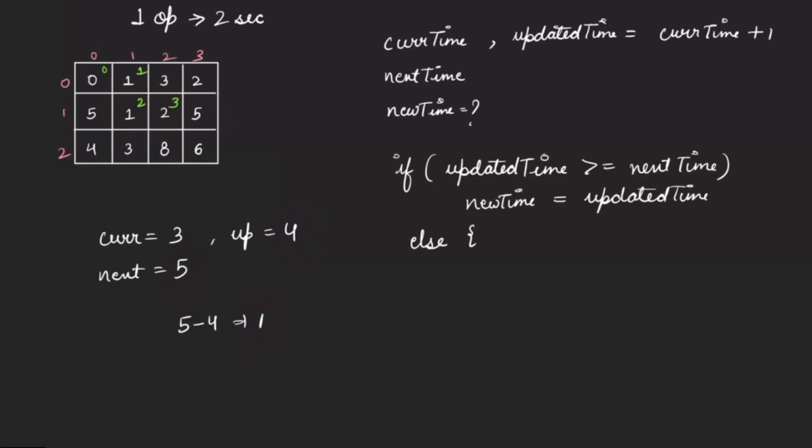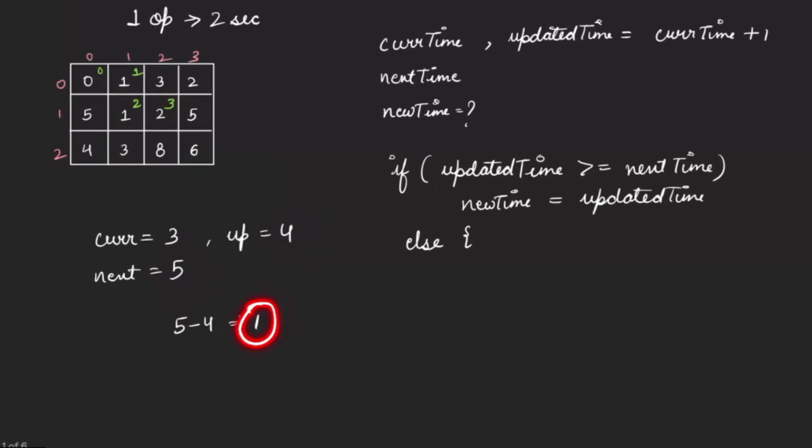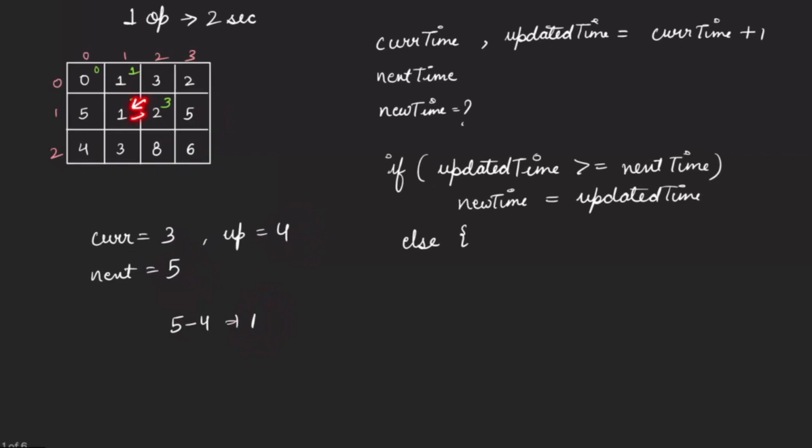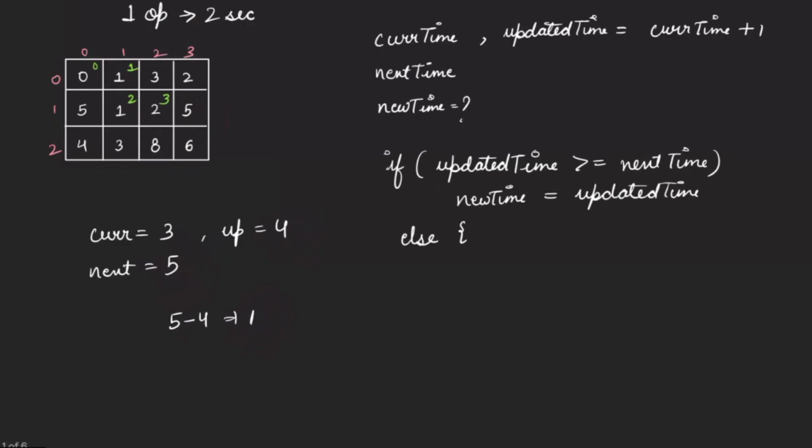So with the help of how many seconds we want to waste, we can identify how many operations we want to perform, right? For wasting 1 second, I will have to perform one operation. And how can you write a formula for it? If I do the ceil of 1 divided by 2, basically the number of seconds you want to waste divided by the number of seconds used in one operation, and the ceil of it.